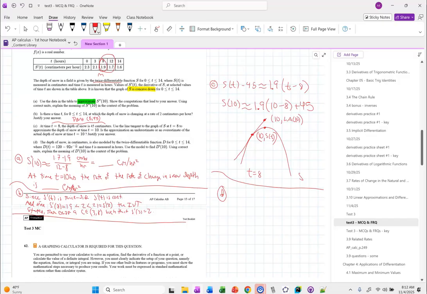Okay. How are we going to find d prime of 10? What's going to be the best way to do that? What do we need to do that though?